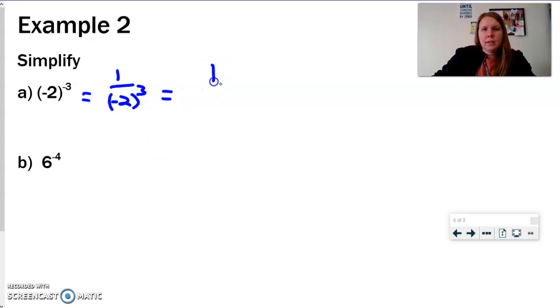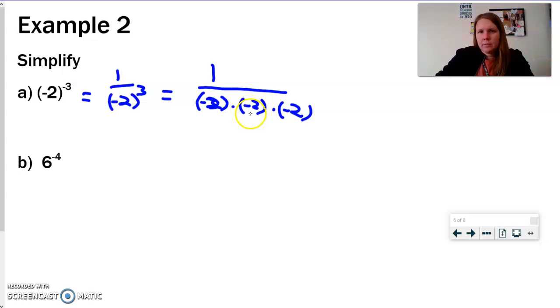So when I expand this out and I solve this, I'm going to take negative 2 3 times. Oops, 3 times. I always say that, and then I write the opposite. I'm going to take negative 2 times negative 2 times negative 2. When I do that, negative 2 times negative 2 gives me a positive 4, but positive 4 times a negative 2 gives me a negative 8.